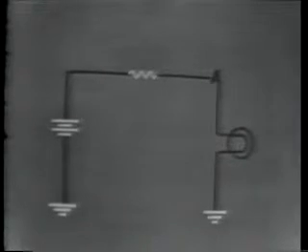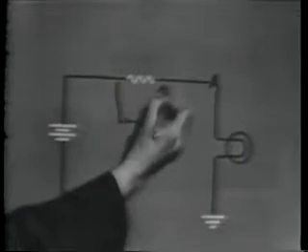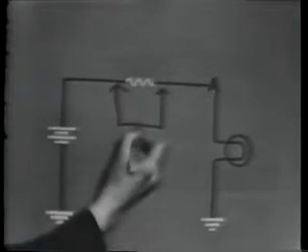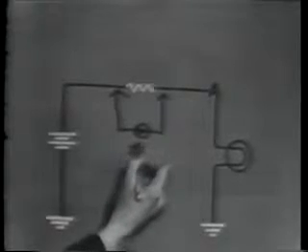How about the voltage across the resistor in this circuit? It's 0. This voltage is 0 because the open does not allow any current to flow in the circuit. In order to have a voltage across the resistor, there must be current through it.